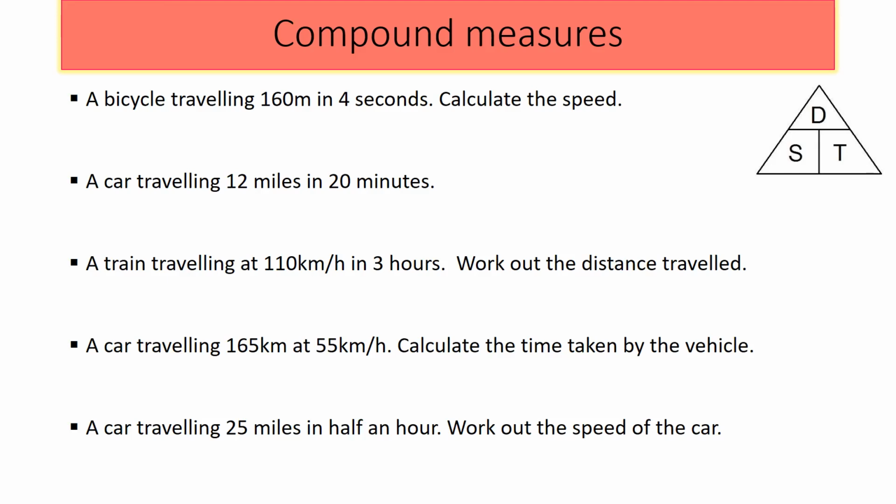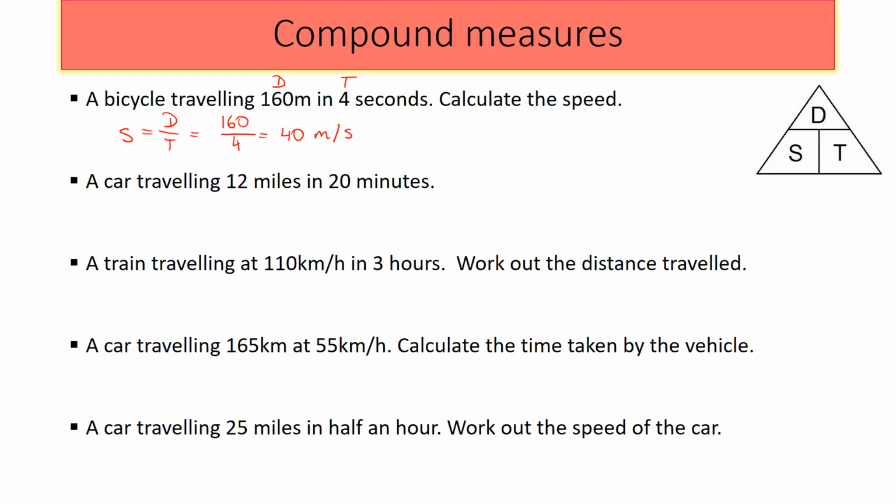So to work out the speed, I need to divide distance by time. A bicycle traveling 160 meters, this is the distance, in 4 seconds, this is the time. So I need to divide 160 by 4, which is 40, and now it's meters per second. It's not miles, it's meters per second.